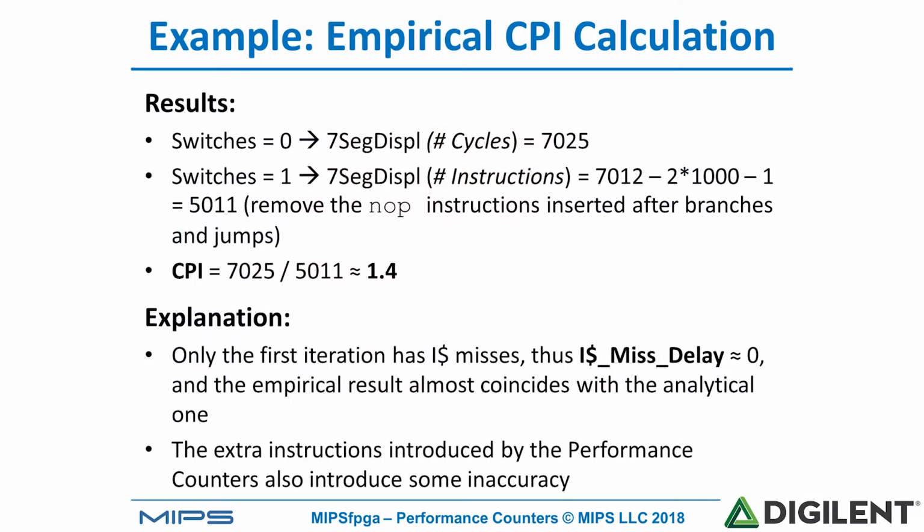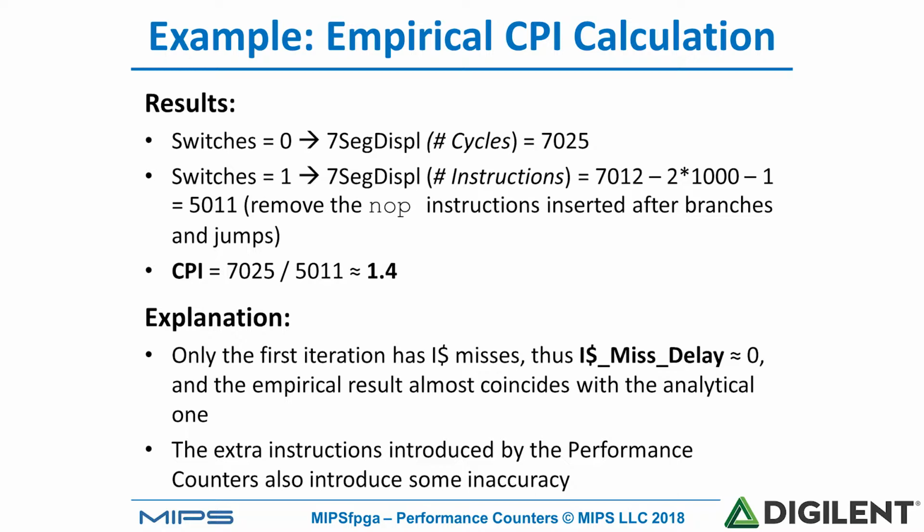So the number of clock cycles we measured with the performance counters was 7,025, and the number of instructions completed was 7,012. Recall, however, that instruction count included those no-ops that were inserted after each branch and jump. So we'll subtract those from our instruction count to get 5,011.